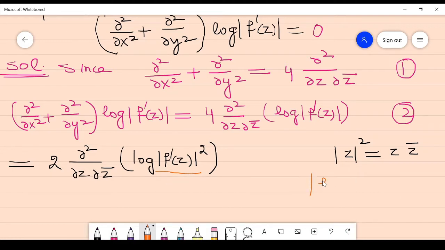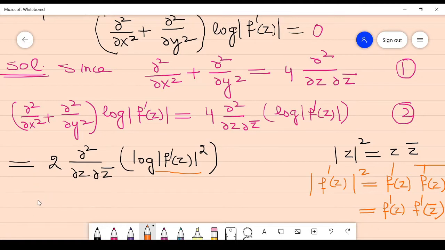This is absolute value of f dash z whole square, which is equal to f dash z into f dash z conjugate. So remember this value can be written in this form.